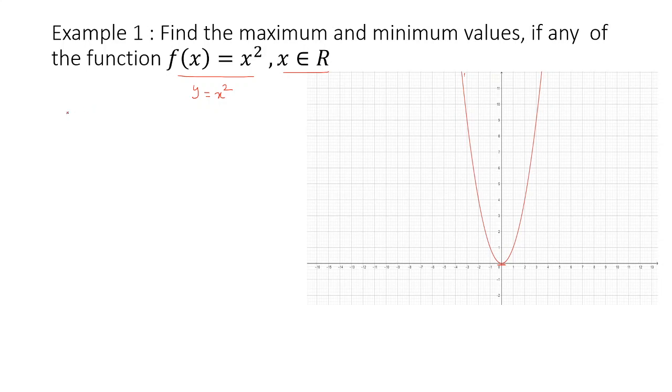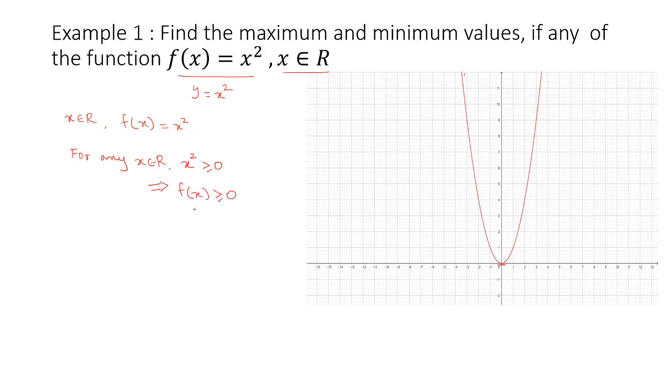Here x belongs to R, f of x is equal to x square, and for any x belonging to R, the square of that number, x square, is greater than or equal to 0. So f of x is greater than or equal to 0.